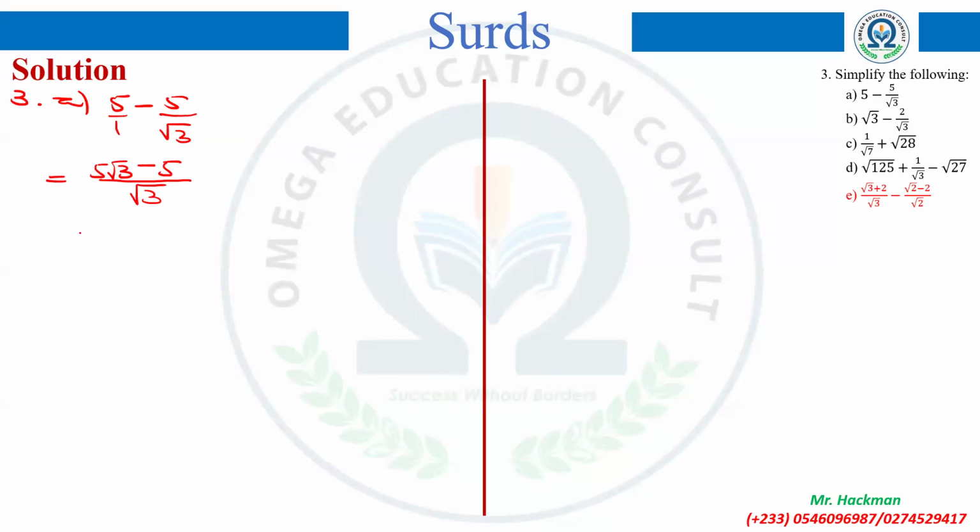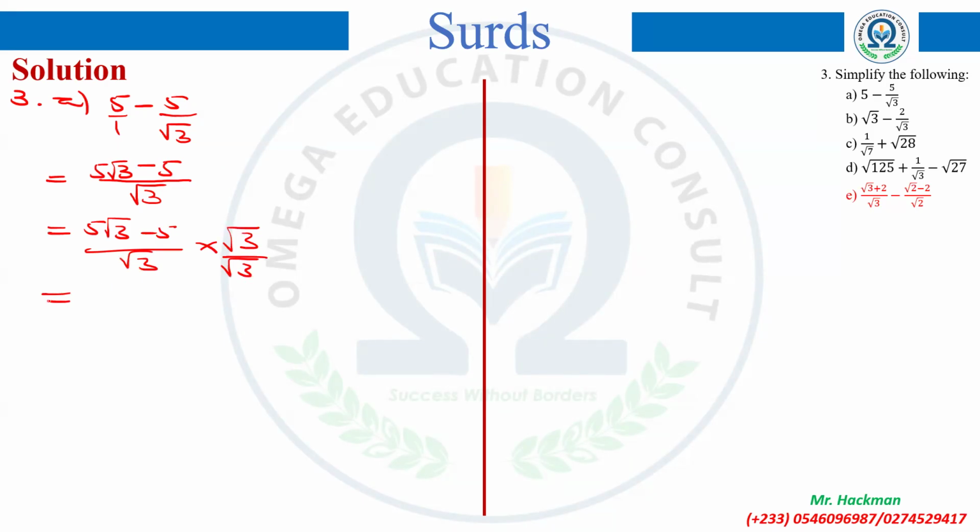In effect, you've taken the question to your comfort zone. You know how to deal with a single fraction which needs rationalization. So I have 5 root of 3 minus 5 all over root of 3. Remember, you write it again before you multiply. You can't multiply it there, you lose some marks.